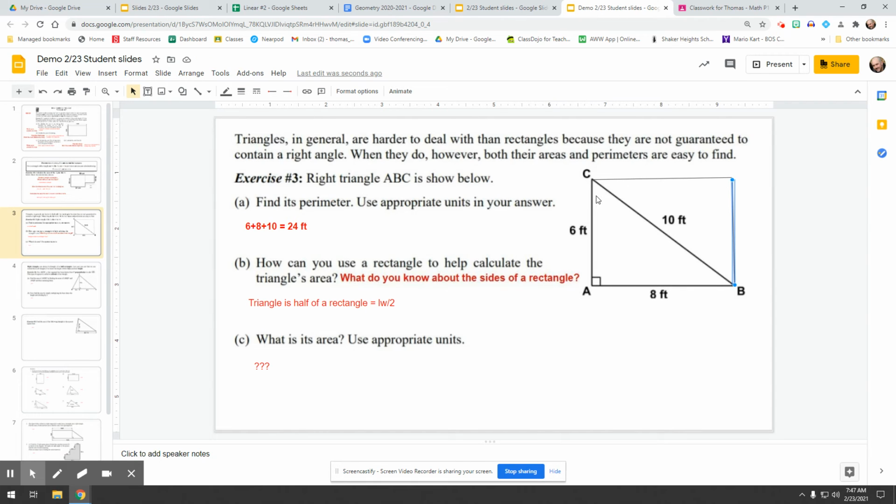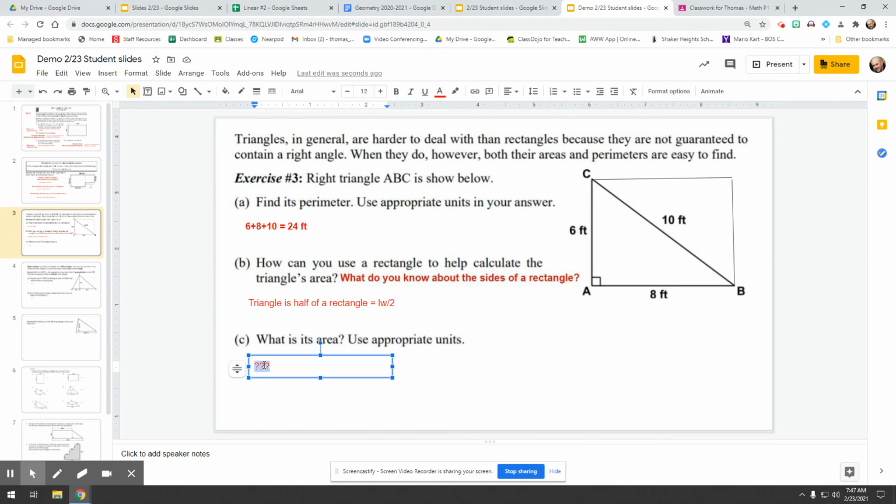But a triangle is a rectangle that's been cut in half. So if 6 times 8 is 48, you divide it in half, and you get an area of 24. So 6 times 8, but then you divide it by 2. You get a total area of 24 square feet.